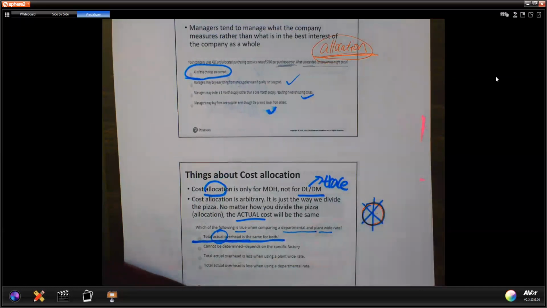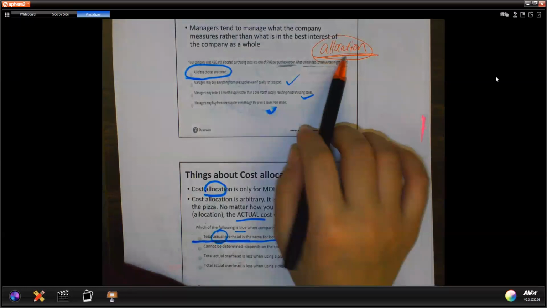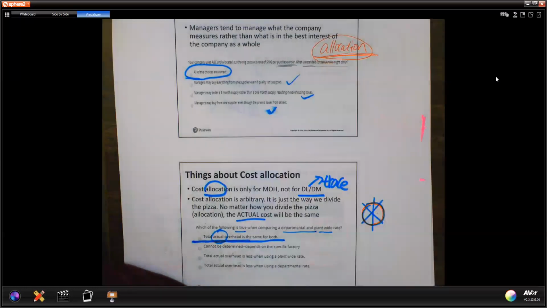That's okay, but no matter how you allocate, the actual is always the same. And then our next thing is, what's the bad thing about your allocation?